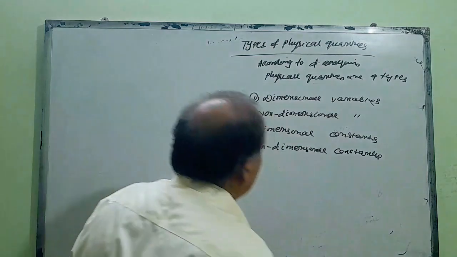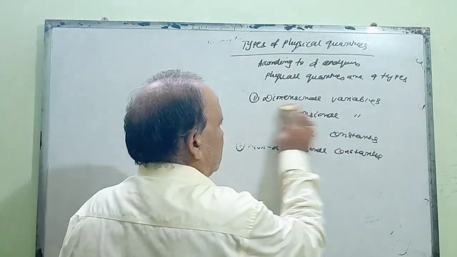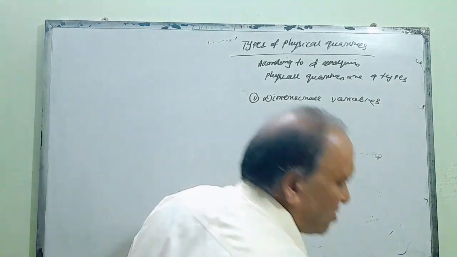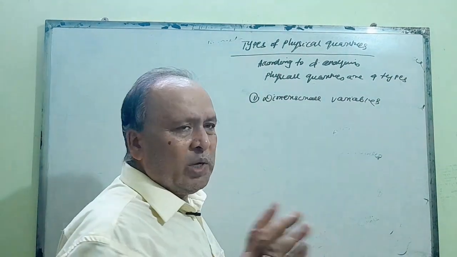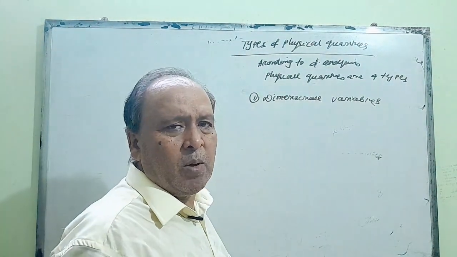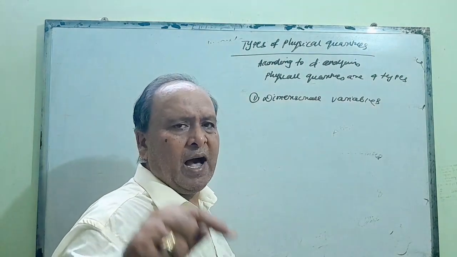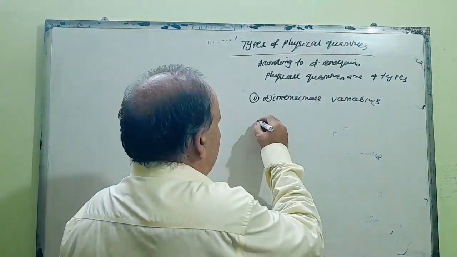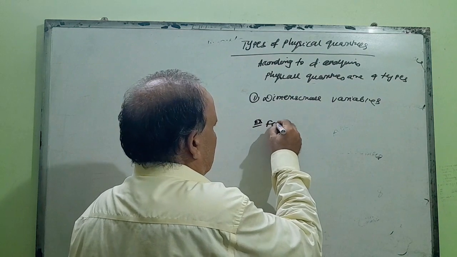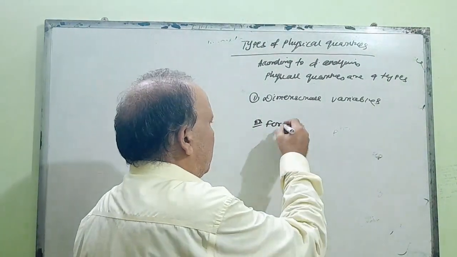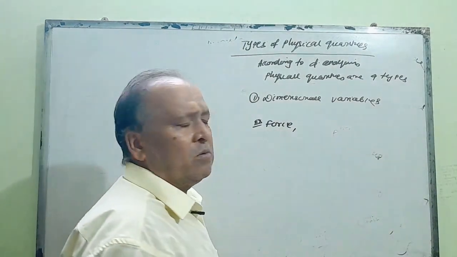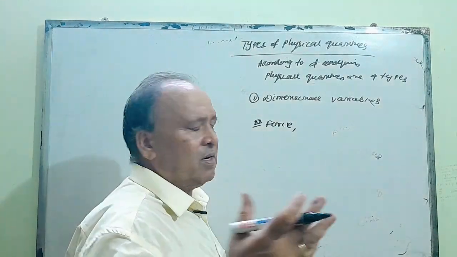First, you see dimensional variables. What are dimensional variables? These are the physical quantities which have variable magnitude, but they have dimensions. For example, your force. Its magnitude is different, that is 10 Newton, 20 Newton, 50 Newton, 60 Newton, like this.